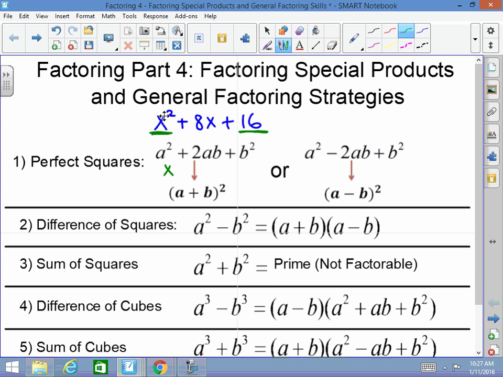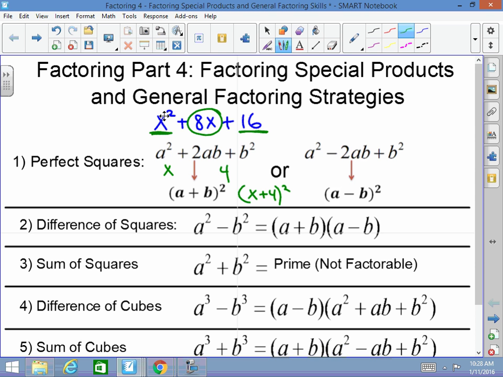What's the square root of the last term? 4. What is 4 times x times 2? 8x. Is that my middle term? Then it works. They're both positive, so this will become (x plus 4) squared. It's that easy.